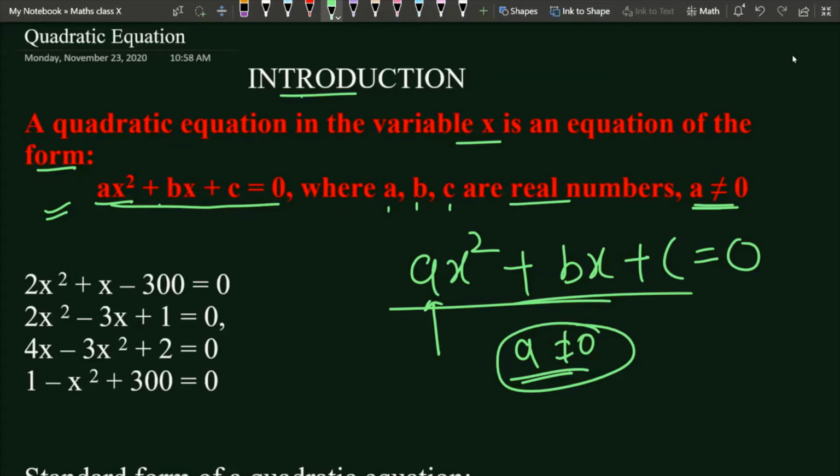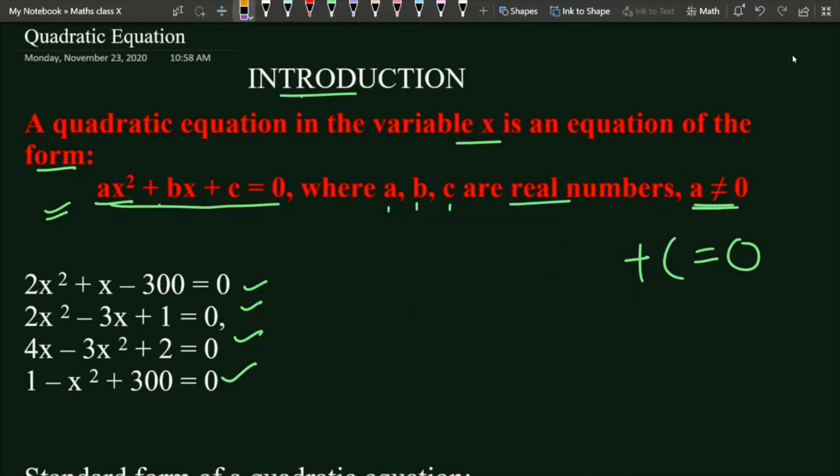These are the examples. You see, the first example is 2x square plus x minus 300. This is in the form ax square plus bx plus c. Here you learn how to compare the terms also, which you will need later in this chapter.